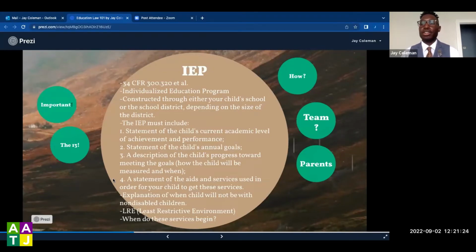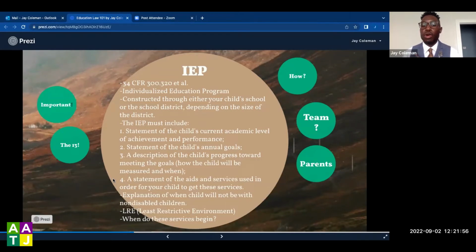So how often can your child go to music or the elective classes with children who don't have any disabilities? If they're able to do so, they just have to go to their core classes with other children who are on their level as far as the disability is concerned, that will be considered keeping them in a least restrictive environment, because they are with non-traditional children sometimes, and then they're with children who have disabilities as well sometimes, in order to get a well-rounded education.